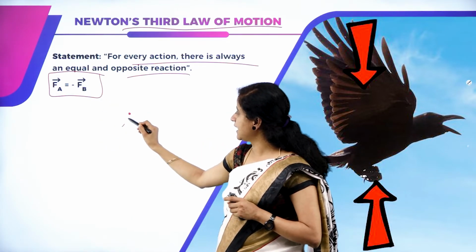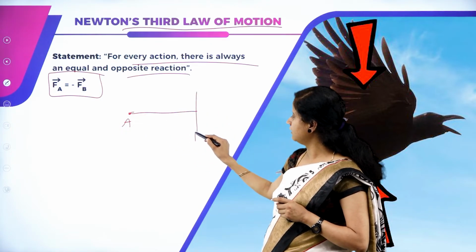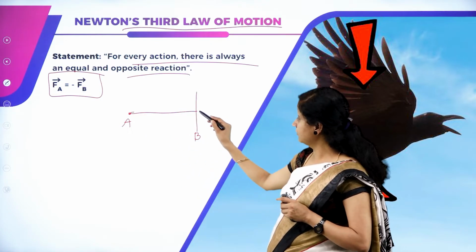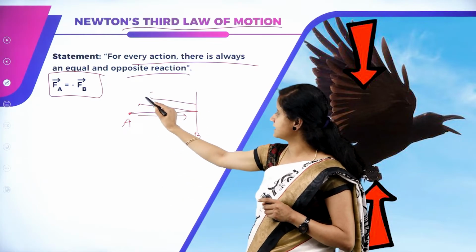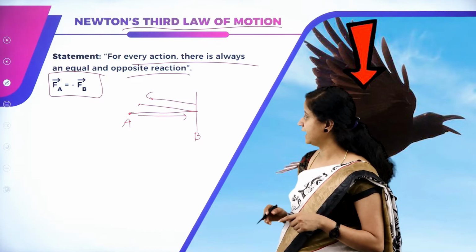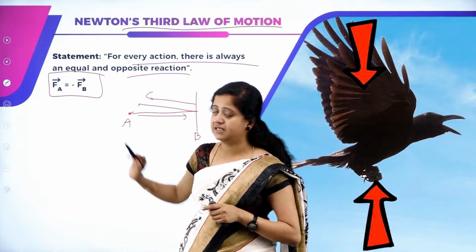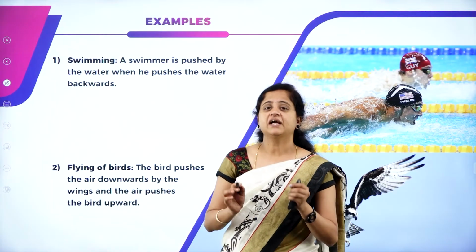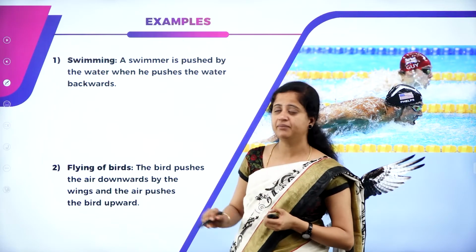Let us take A as a ball, and if this ball goes and hits a wall B, it will rebound back, which means this is action and that is reaction. For every action there is an equal and opposite reaction. Since the reaction is opposite, the sign is negative. We can give n number of examples for this, so let us see a few examples.